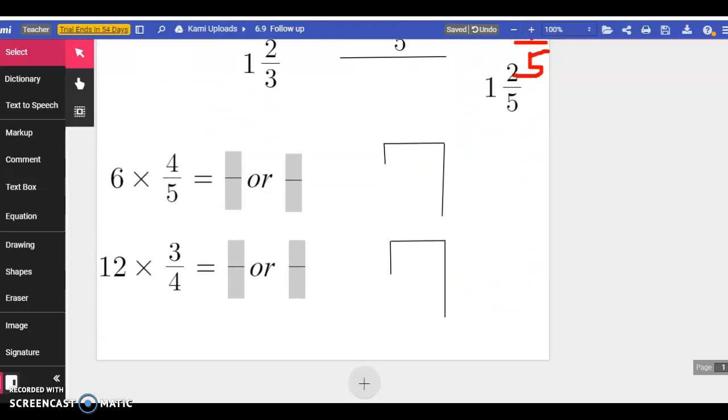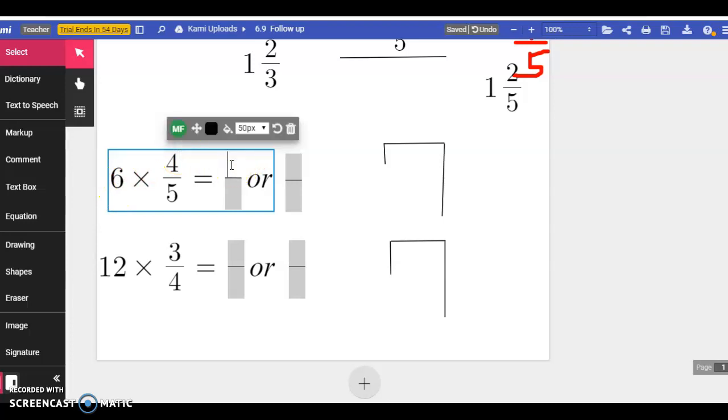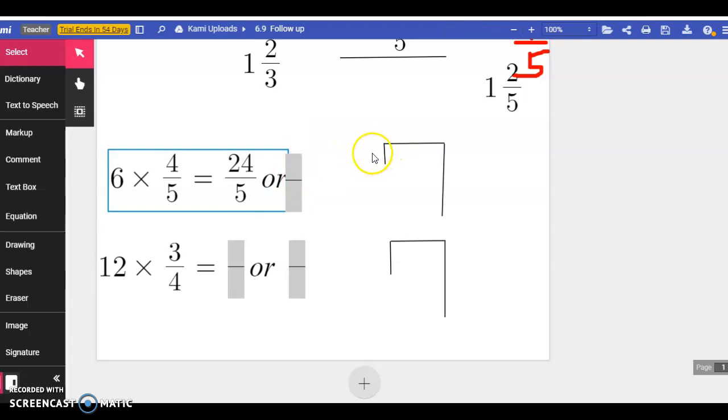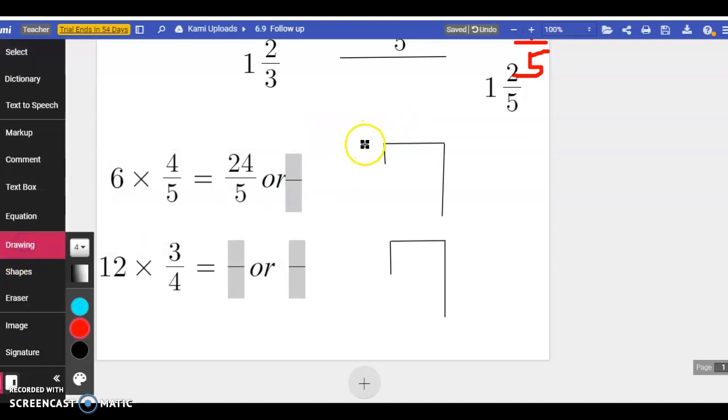Okay, now when we multiply, 6 times 4, 24 fifths. Again, we have an improper fraction, so we need to divide. We're going to divide the numerator into the denominator.